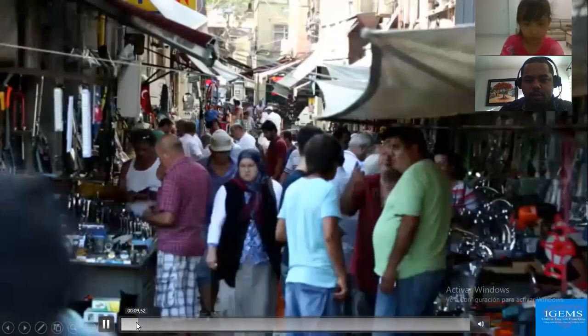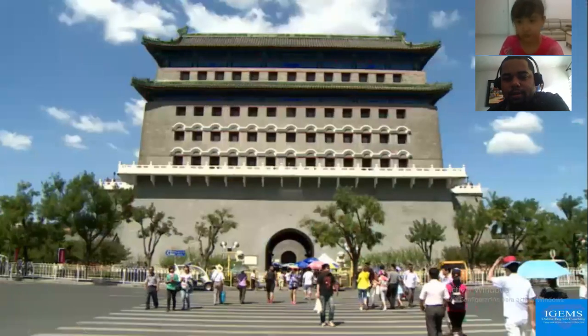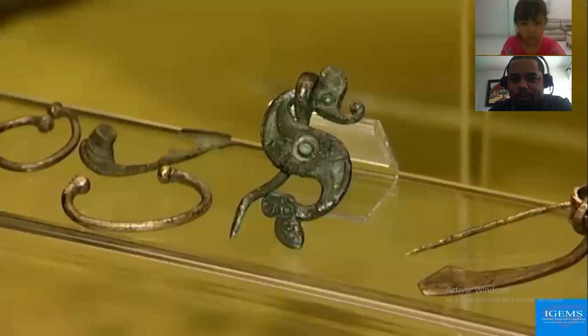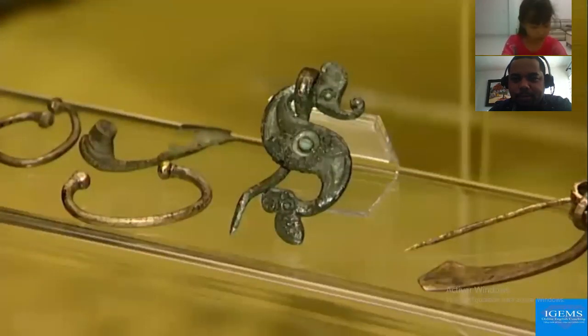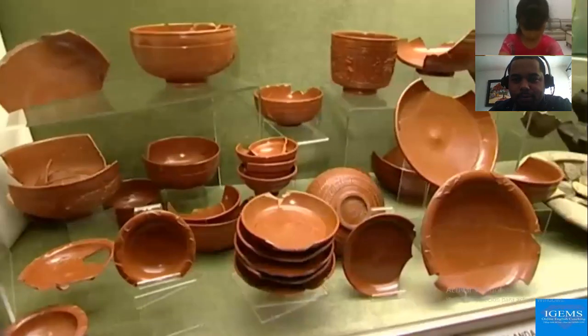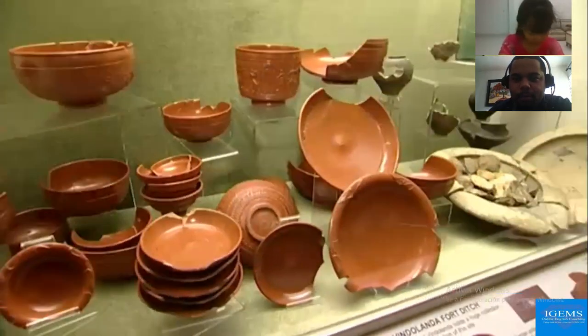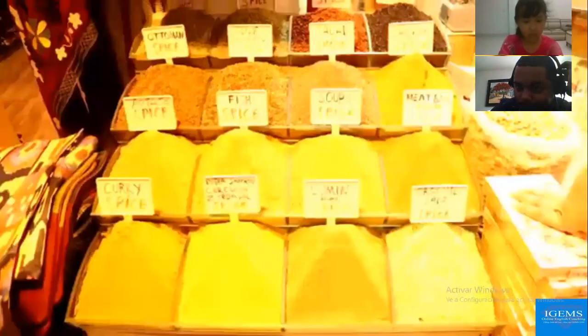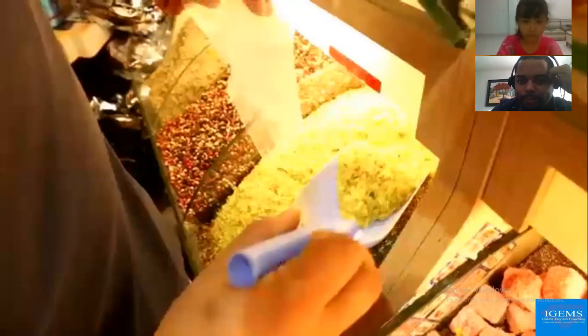In the past, people from different countries made different things. In Europe, they had metal jewelry, clay bowls, and glass cups. In the Middle East, they had new kinds of food and drinks.